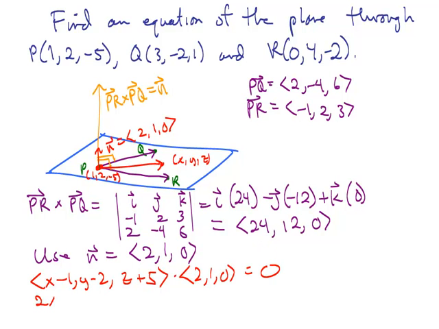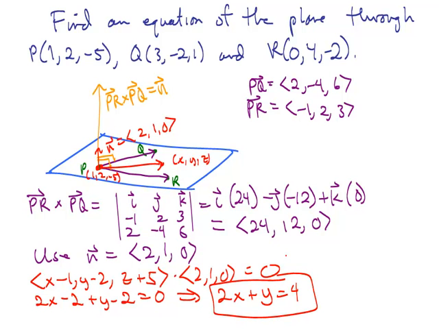And so I've got 2x minus 2 plus y minus 2 plus nothing is 0. And so here's my standard form, 2x plus y. This should be a 2 here, not a z. Is equal to, looks like 4. There's the equation of my plane.